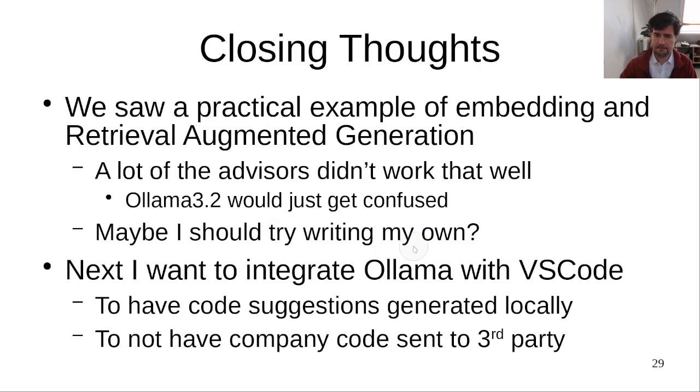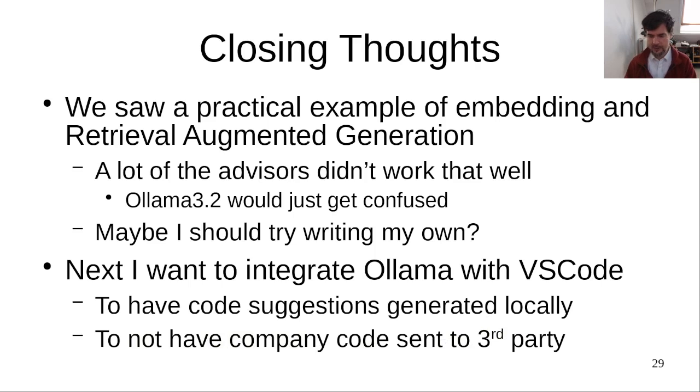It's not that bad. Next time, I'd like to integrate Llama with VS Code. Have it do some code generation like Copilot. Make code suggestions locally. And why I want that is to not have my company or any company's code sent to third parties like OpenAI. We all know that OpenAI violated copyright rights. They stole everything off the internet.